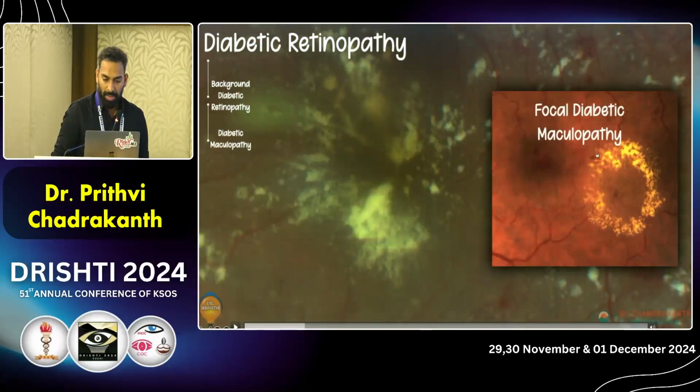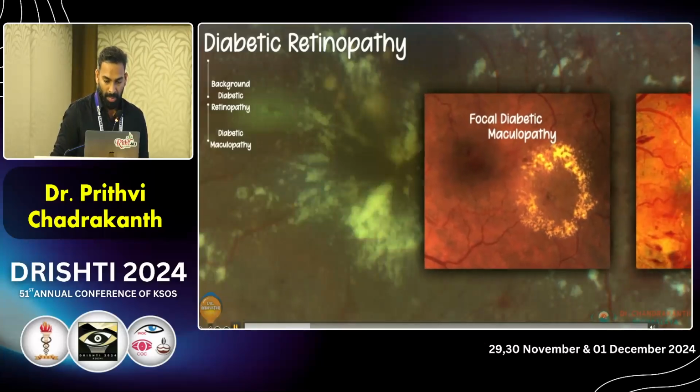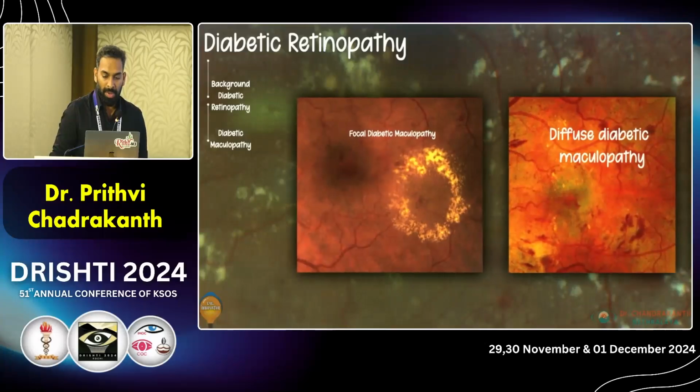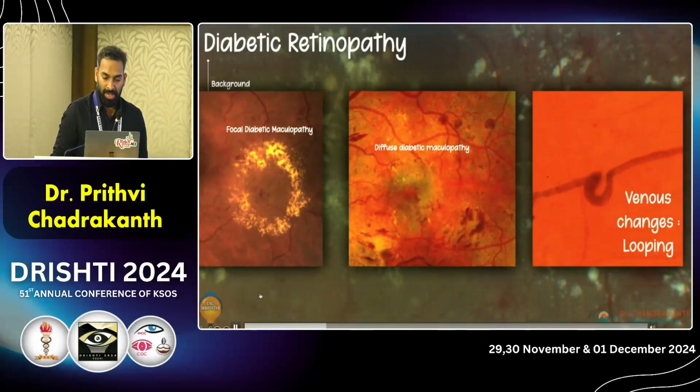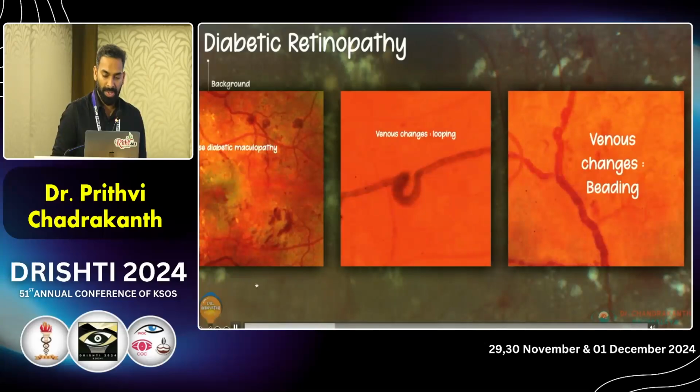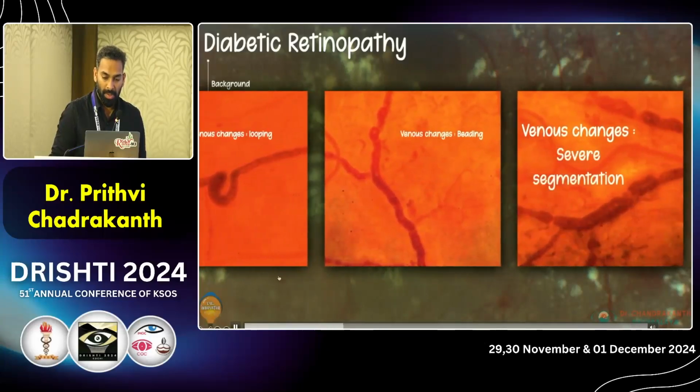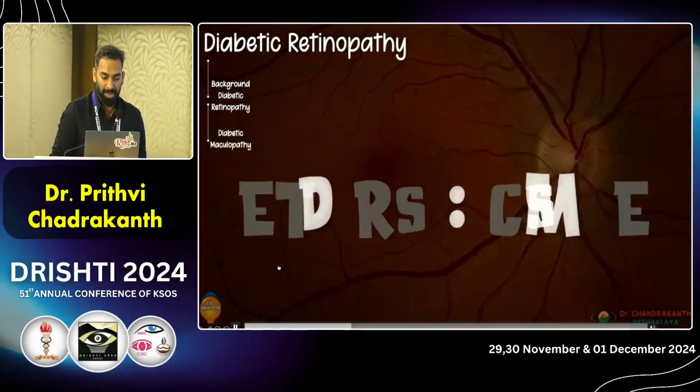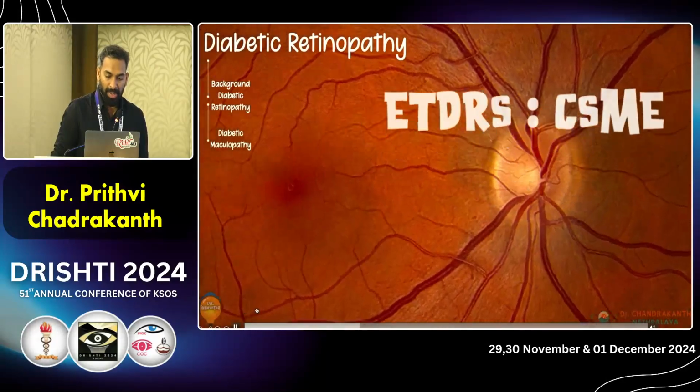You can see over here the focal diabetic maculopathy, a circular hard exudate with a small microaneurysm over here. The diffuse diabetic maculopathy, venous changes, that is looping, venous beading, and severe segmentation.